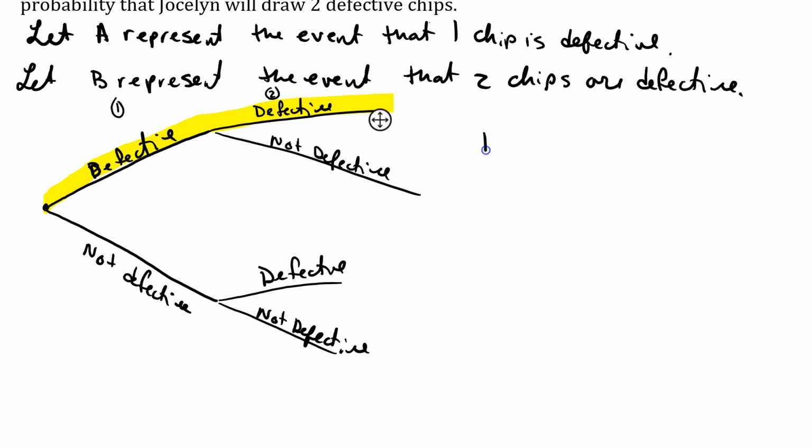So the probability of A and B is the probability of A times the probability of B dependent on the fact that A happened. So what are the chances, what's the probability that both one chip is defective and not only one, but 2 chips are defective, taken out consecutively?